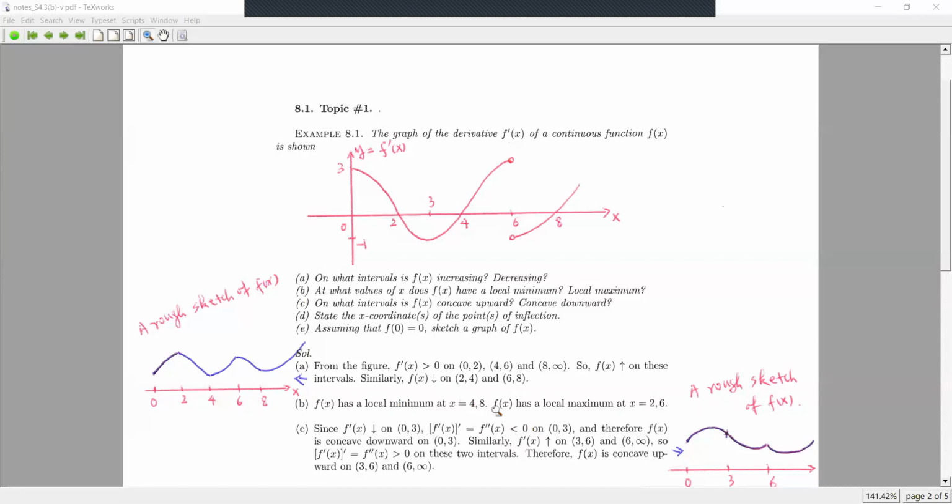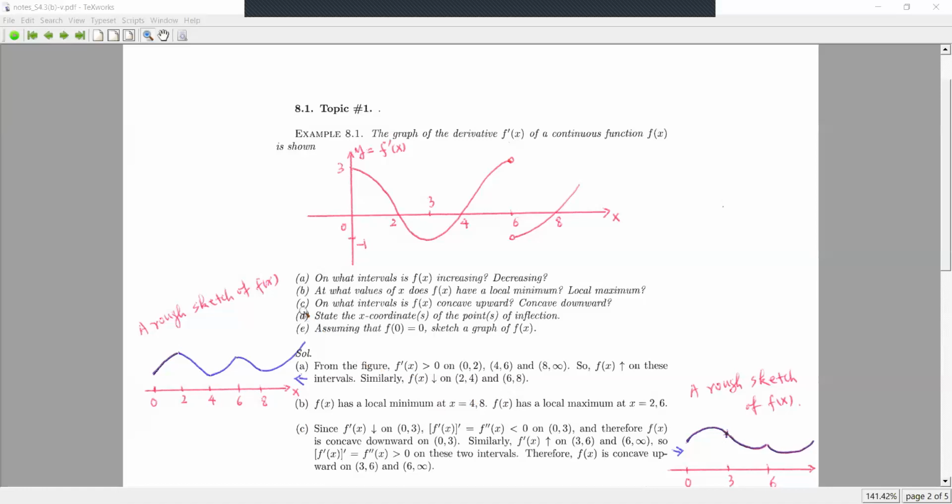At 4 and 8, the curve has a lowest point locally. So at 4 and 8, the function f has a local minimum.